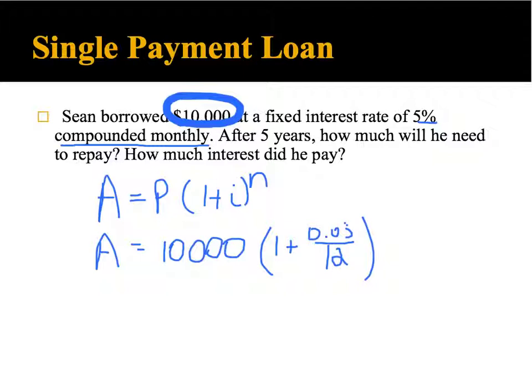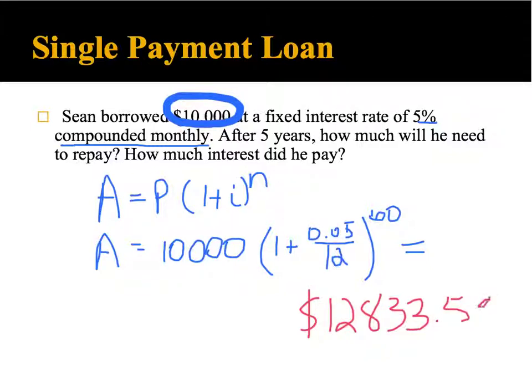So quick math in my head, 5 times 12 gives me 60. Okay, let's type all that in. All right, I typed it all in and I get a final answer of $12,833.59 after rounding. Okay, so that's how much he's going to have to pay.